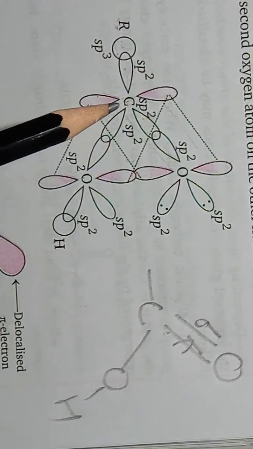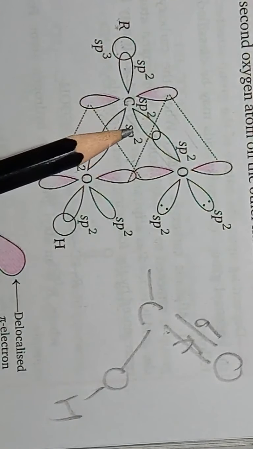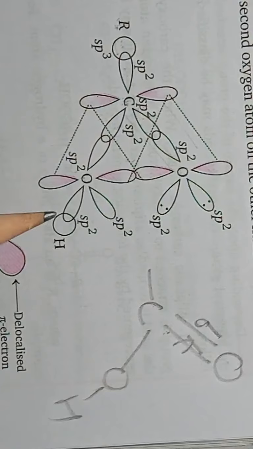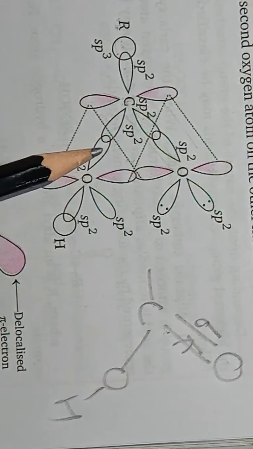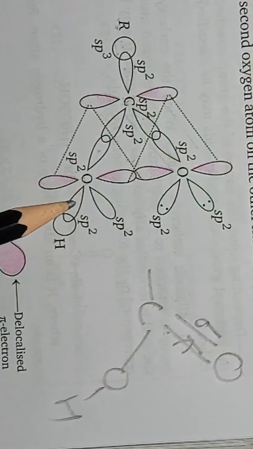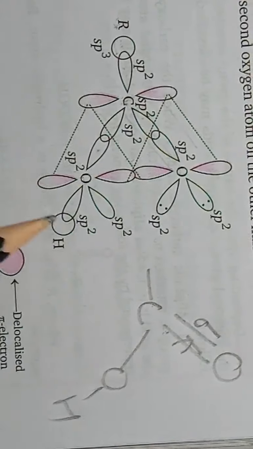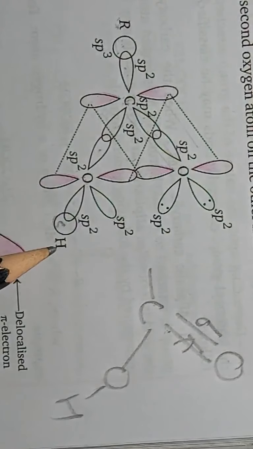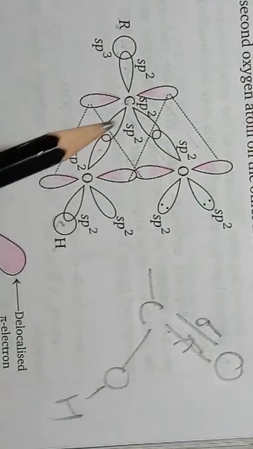Then one sp2 hybrid orbital of this central carbon is overlapping with an sp2 hybrid of oxygen, and the next sp2 of this oxygen is overlapping with the s orbital of this hydrogen. So this is the structure of this carboxyl group.